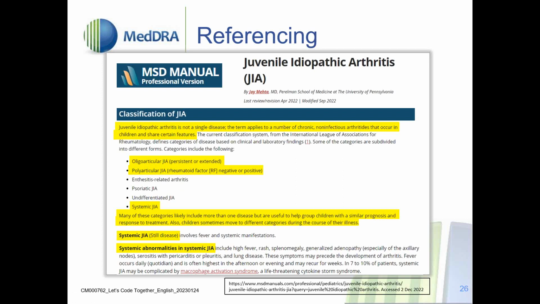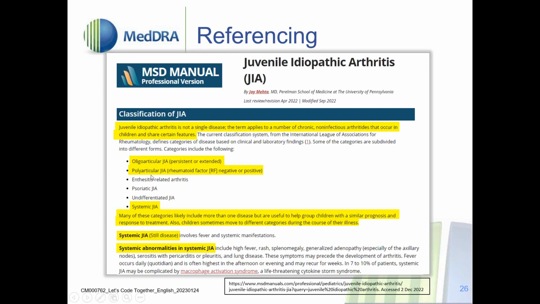So it's worthwhile to put some of these definitions in your coding conventions to ensure a really consistent approach for these classifications. Because, for instance, the LLT arthritis, multiple joints, is grouped under polyarthritis.